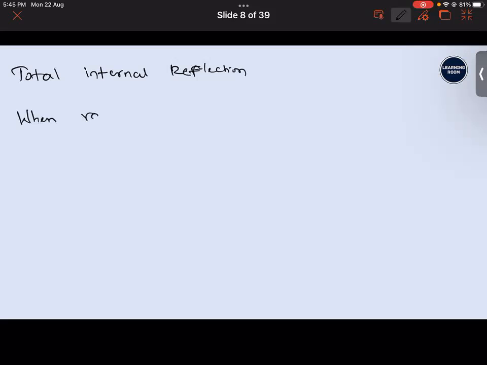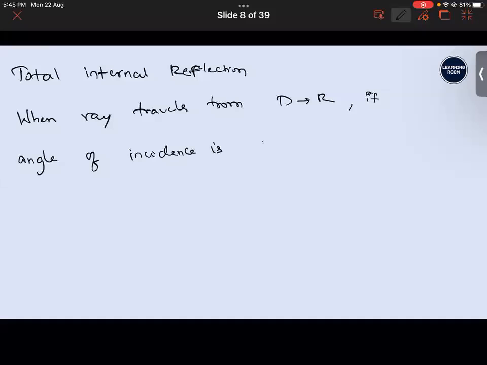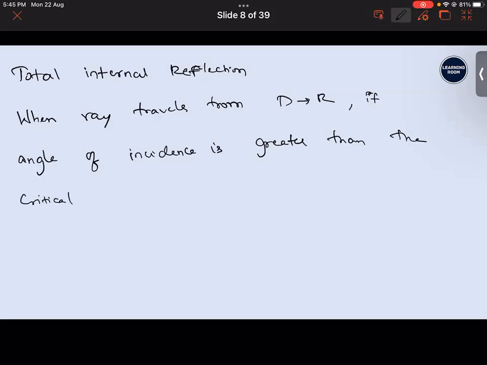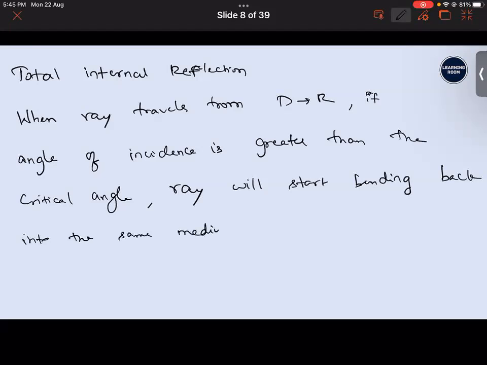When a ray travels from a denser to a rarer medium, if the angle of incidence is greater than the critical angle, the ray will start bending back into the same medium instead of getting refracted.